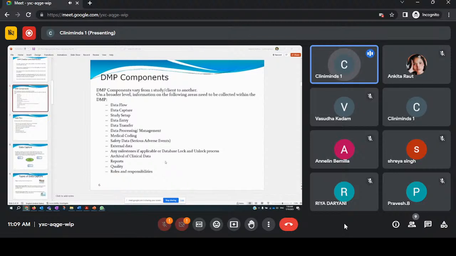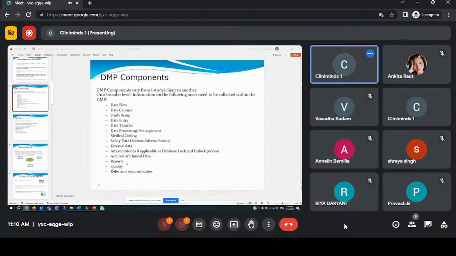Then you will also have archival of the data, how you are going to archive it, right? Depending upon the sponsor's requirement, there are different types of reports being generated. Sometimes the sponsor asks for a metrics report, which will have the status of the study, once the study is in the conduct part.